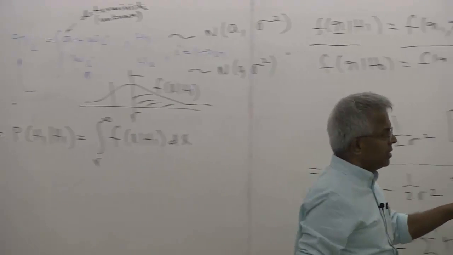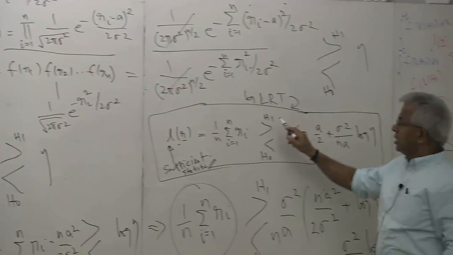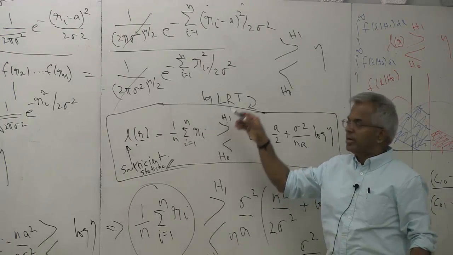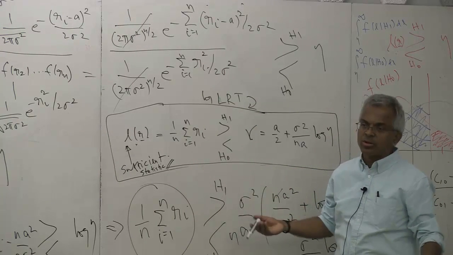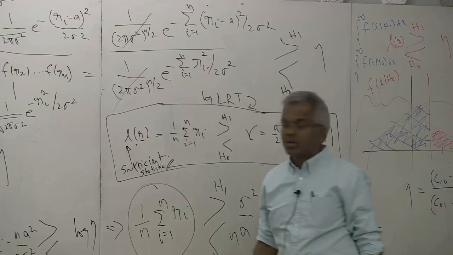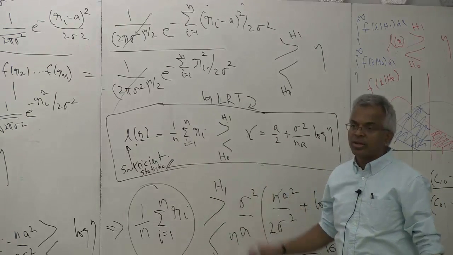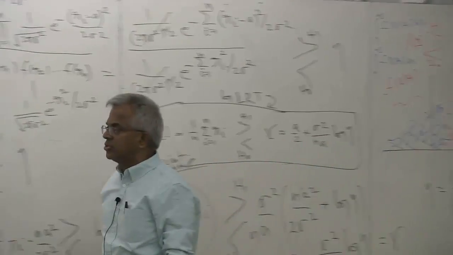Look here, I am not making this up. If L under H1 exceeds gamma, it's always H1. But if it happens to be under H1, then it is probability of detection. If L is less than gamma, then you are going to decide it as H0.